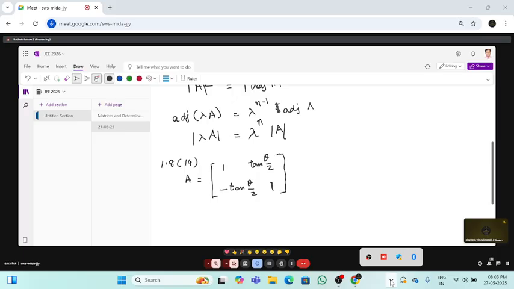And AB equal to I2. So it's clearly a matrix of second order, n equal to 2. So AB equal to I2. Then what is B?